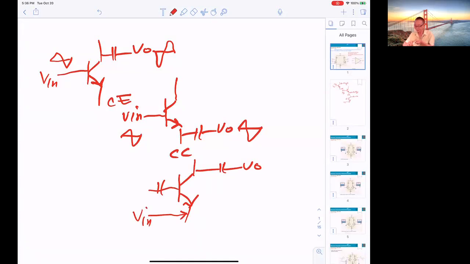Okay, last one. There are only three of them, so it has to be common base. Common base. What happens to the input signal and the output signal?